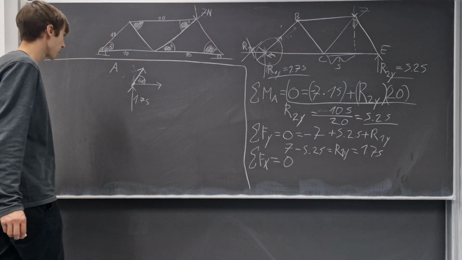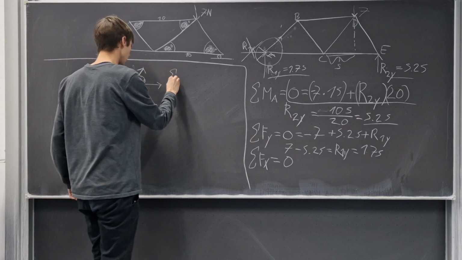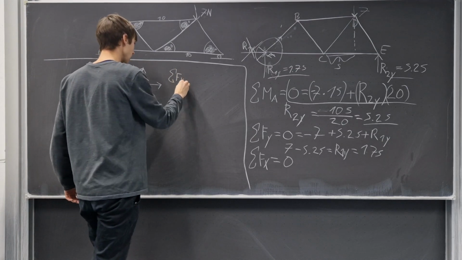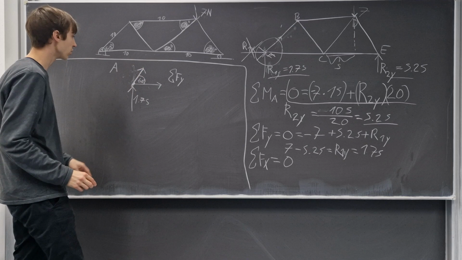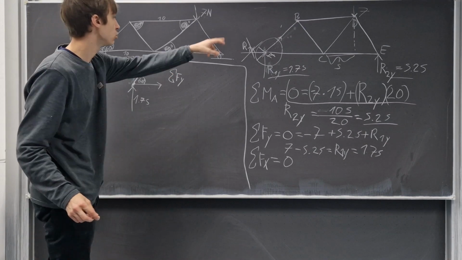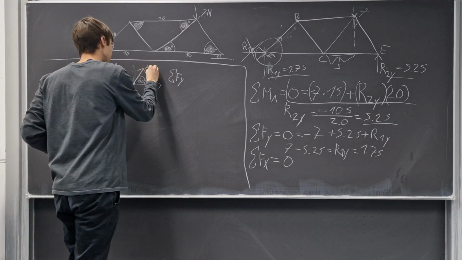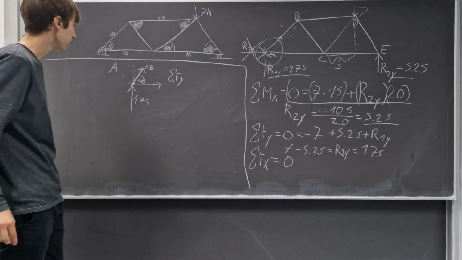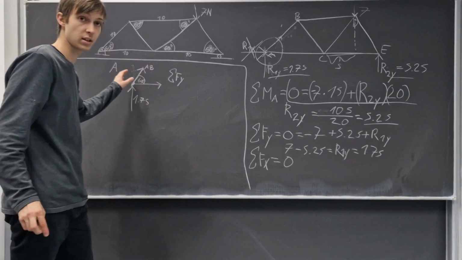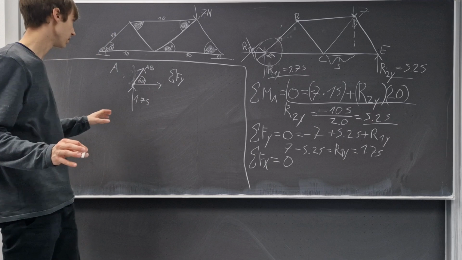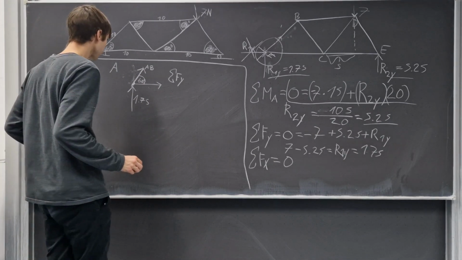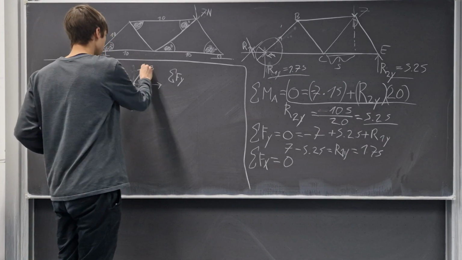So let's do it. Let's say I do Fy now, because I don't know this force. That's A to B, so I'll call this force AB. With this force AB, I just mean the line segment, but I really mean some force AB that I'm looking for. Let's say I take the magnitude of it.